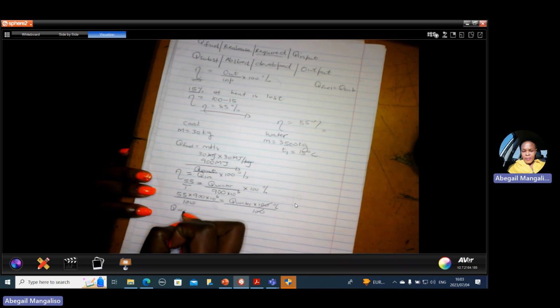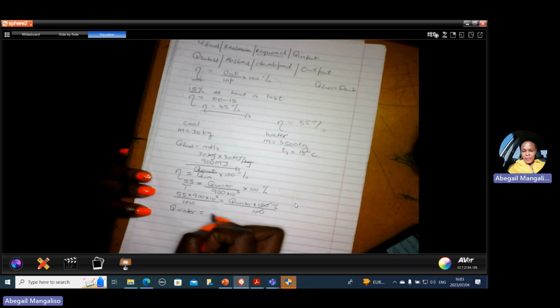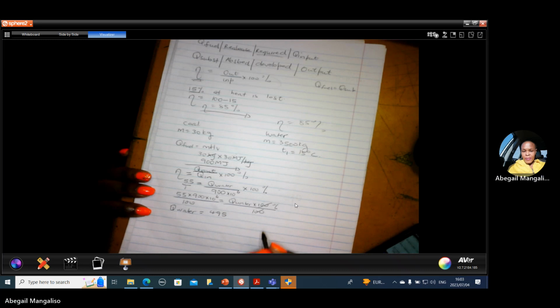Then Q of water will be equal to, use your calculator, 55 times 900 megajoules divided by 100. The answer will be 495 million. Million stands for 10 to the power 6, so this answer is also in megajoules.